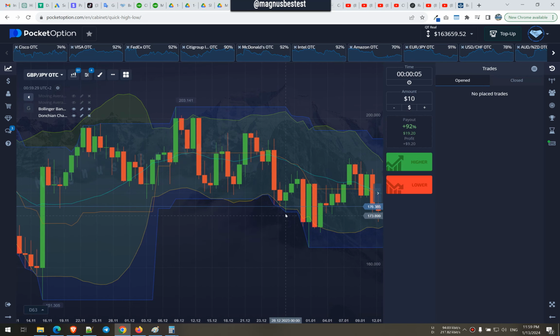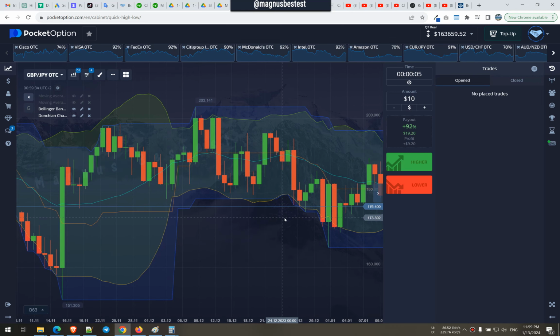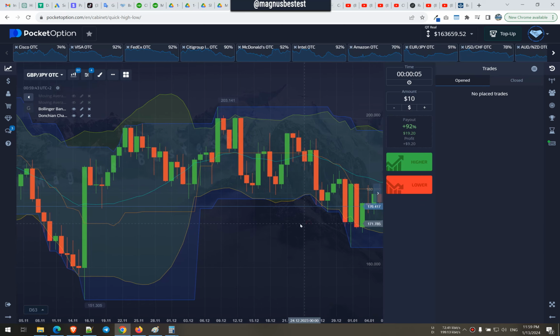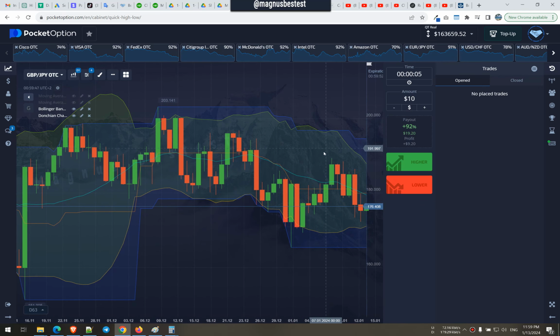So that's why the way you trade Donchian channels is supposed to be a continuation or trending strategy, whereas Bollinger Bands is a reversal strategy.